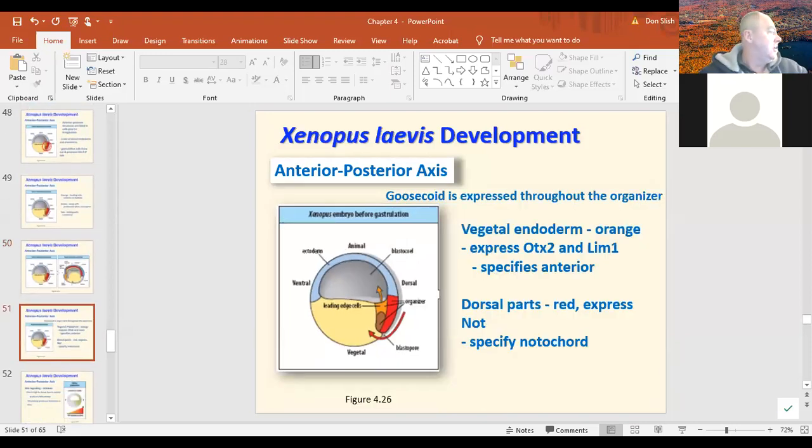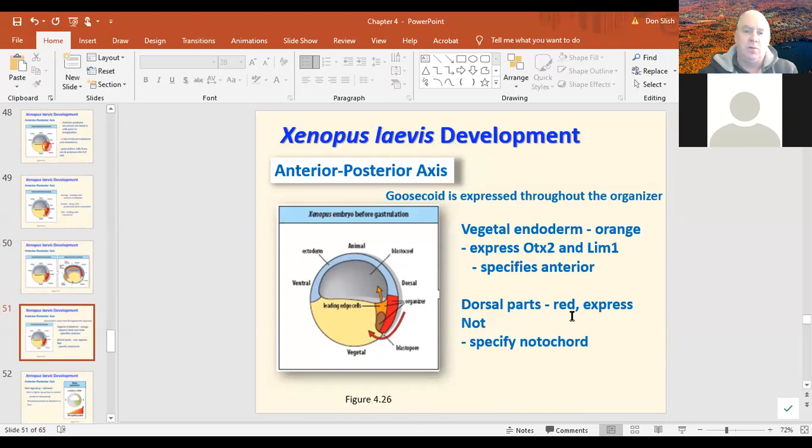Okay, so here, these are some of the transcription factors that are going to specify this orange part as vegetal endoderm. Now, don't worry about these now. I may talk about them later with some of the other models. Right now, just imagine this as ventral endoderm.